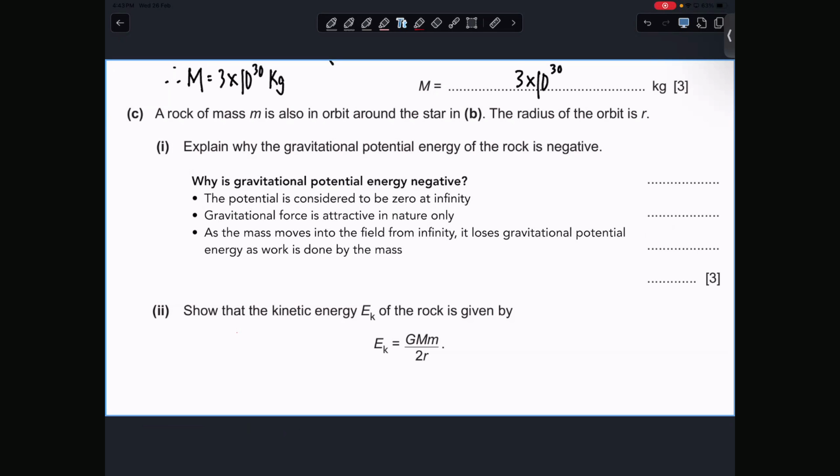Yes, so when you do work on the mass, it gains it. When work is done by the mass, it loses it. The other way around. That is true, but it doesn't imply the negative nature of it.